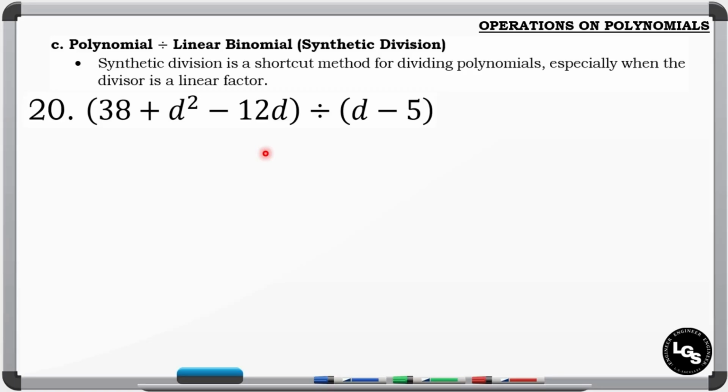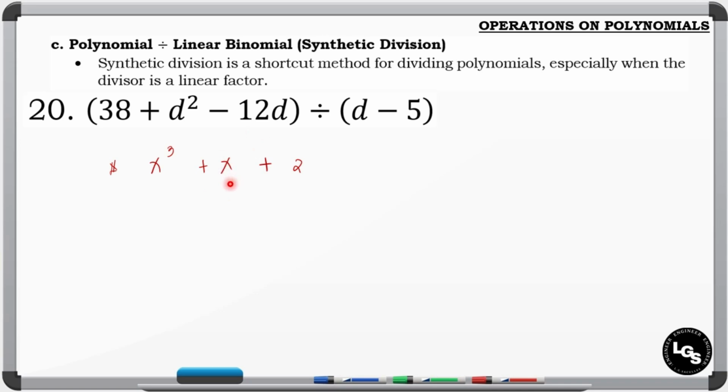If a power is missing, insert a 0 as its coefficient. So this is an example. Let's say we have x cubed plus x plus 2. There is a power missing here because there is no x squared.